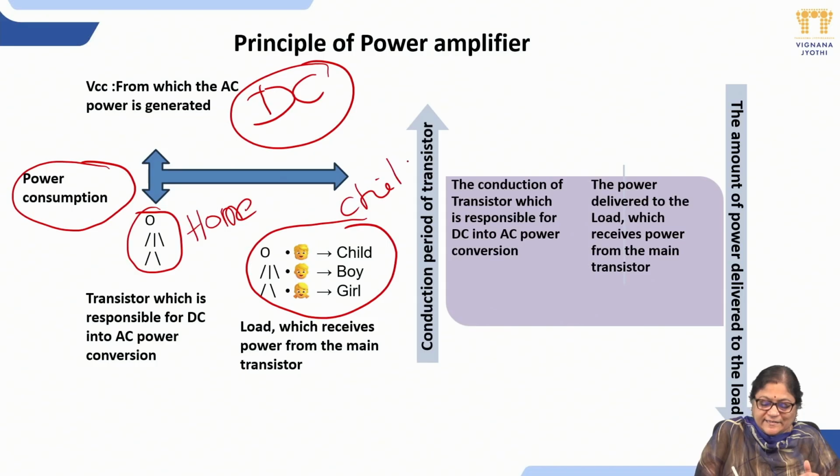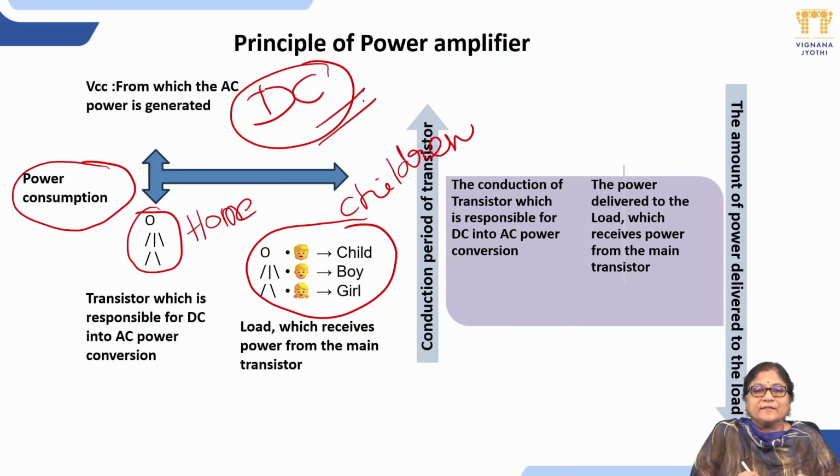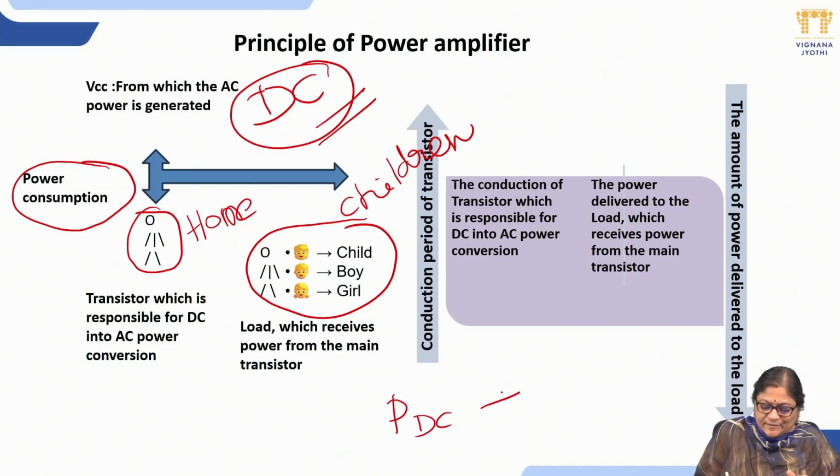So the basic principle of a power amplifier is that whenever I provide some DC power, it should convert this DC power into AC power, the power delivered to the load.